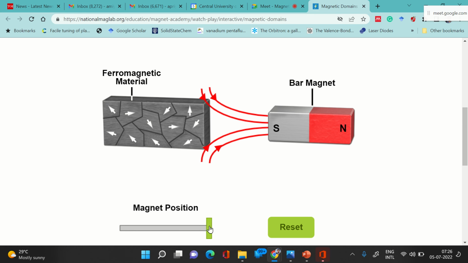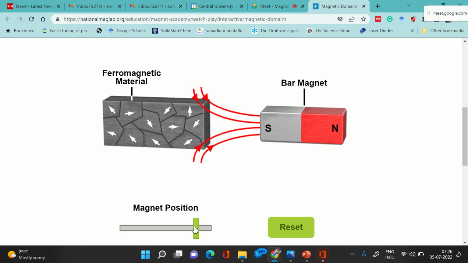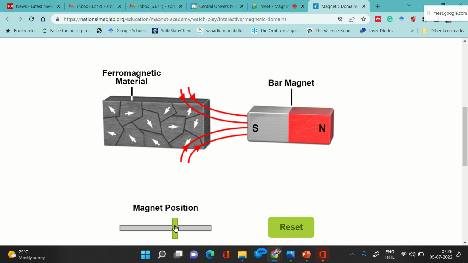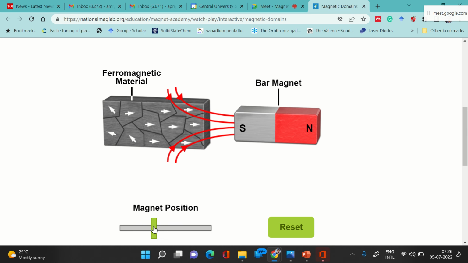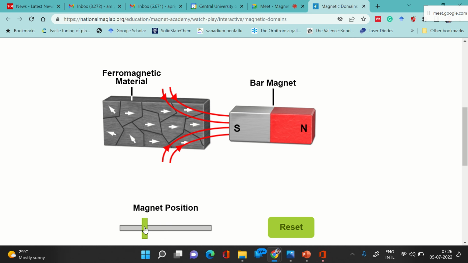Now when I bring this magnet closer, the white arrows of the domains are changing directions. Can you see that? Gradually, as it is moved further, they get aligned till the maximum. This is what we mean by increasing the magnetic field.